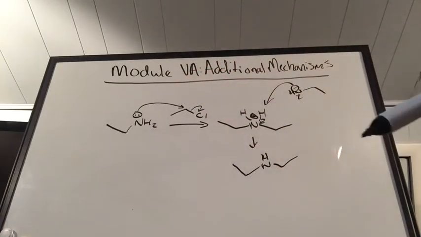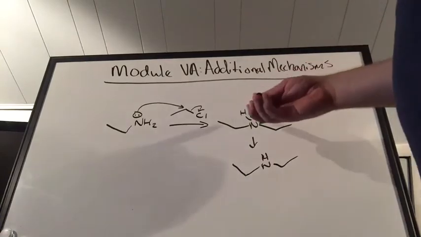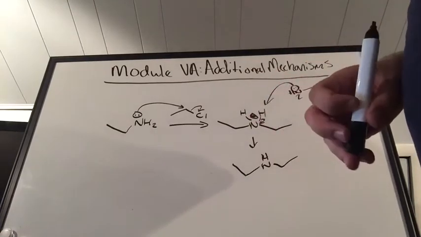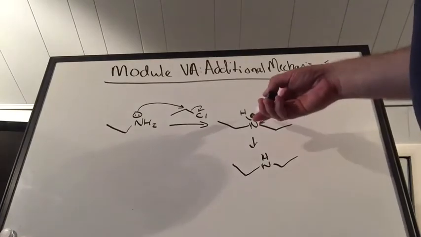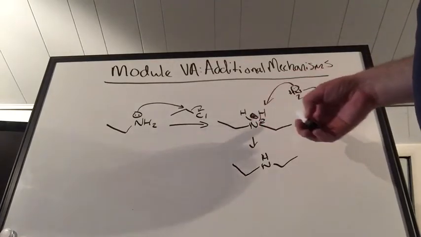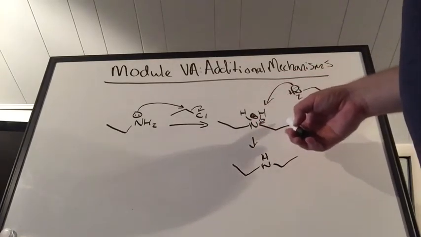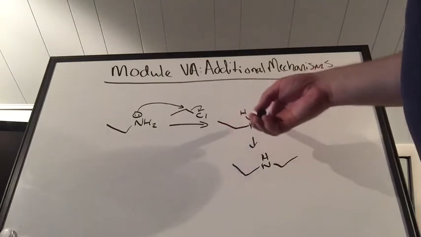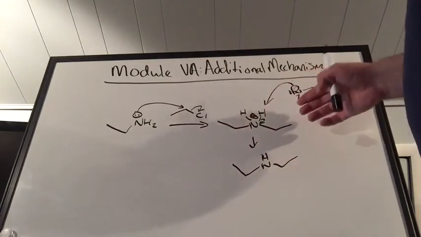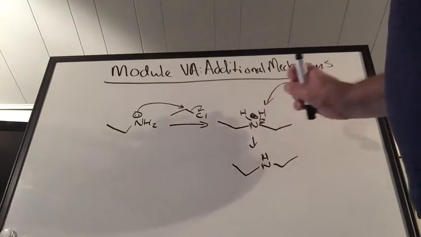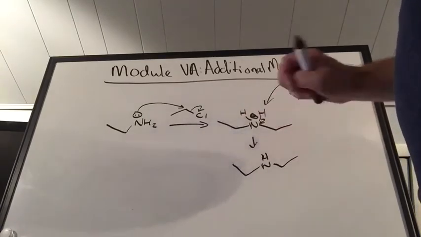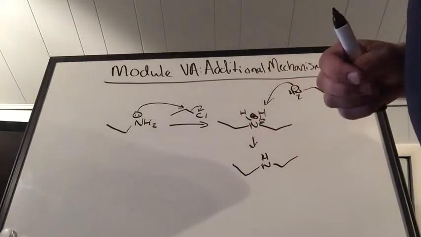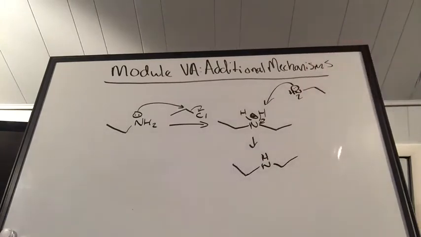No, it's not. It's actually going to be successive, because if you see right here, this is a positive charge that I had. So that would be stabilized the more alkyl groups that you have about this nitrogen, right? So remember that alkyl groups are electron donating, so you're going to feed some electrons in there and kind of stabilize that nitrogen's positive charge. Okay.